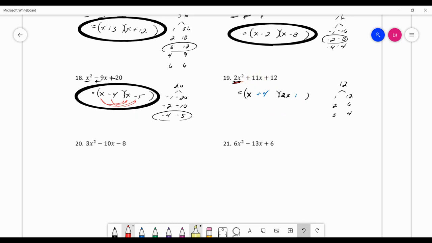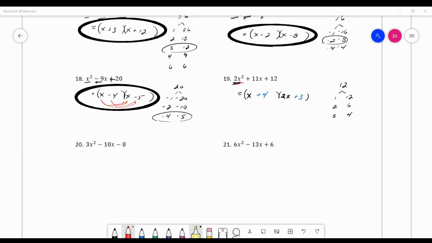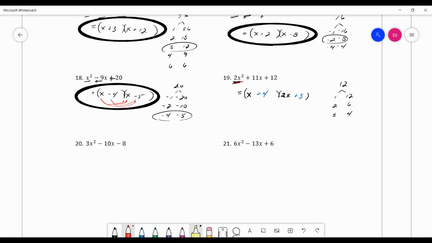So that tells me that my correct combination here is x plus 4 times 2x plus 3.